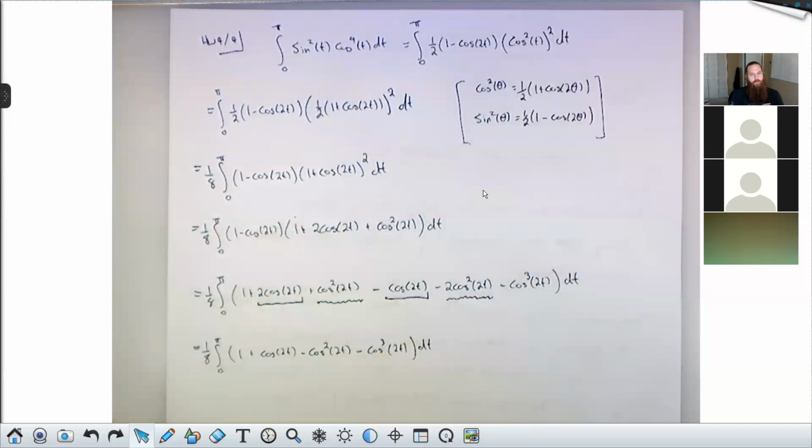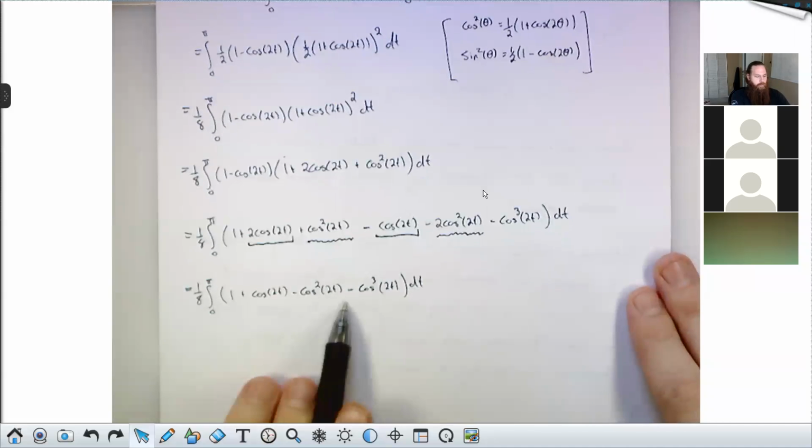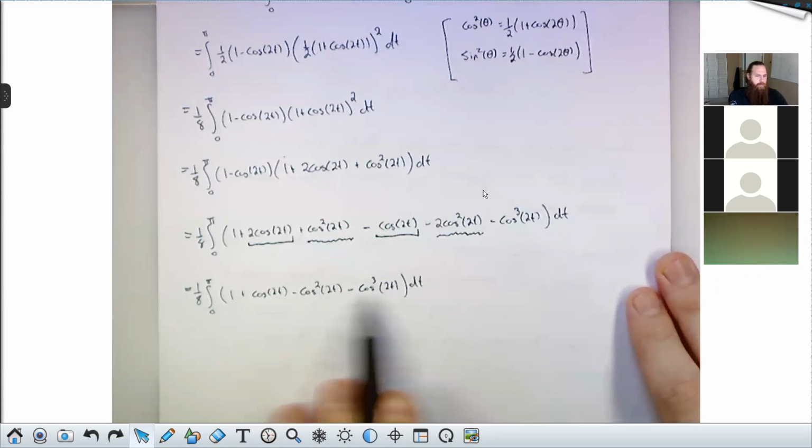And there's two things I'm going to do from this step. I need a modified half angle formula for this, because it's an even power. And I need to split this guy off from this integral and treat him separately because he's an odd power.